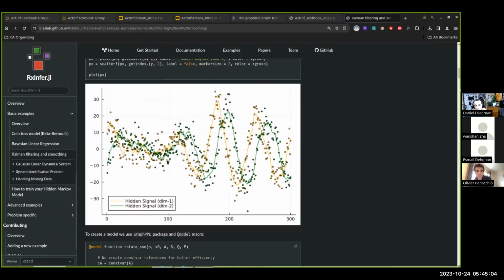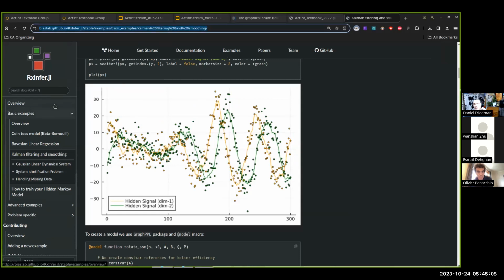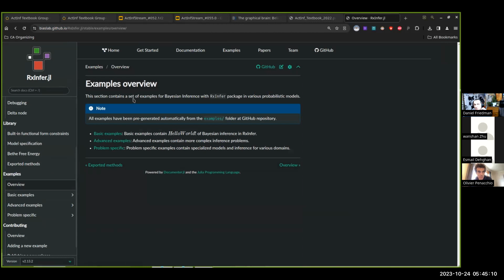So this is a package for continuous time models. It's actually a package for message passing and Bayesian graphs generally. So you don't need, this isn't even an active inference specific package.